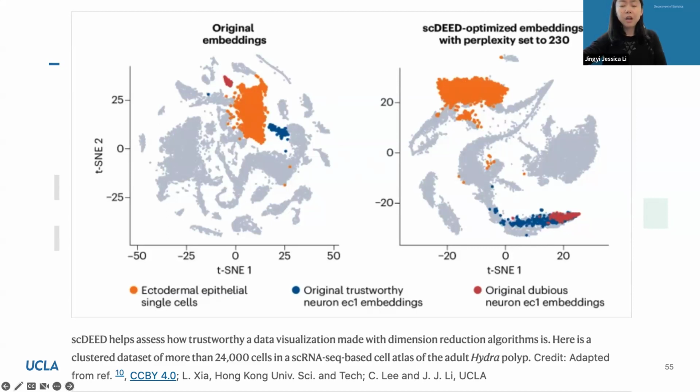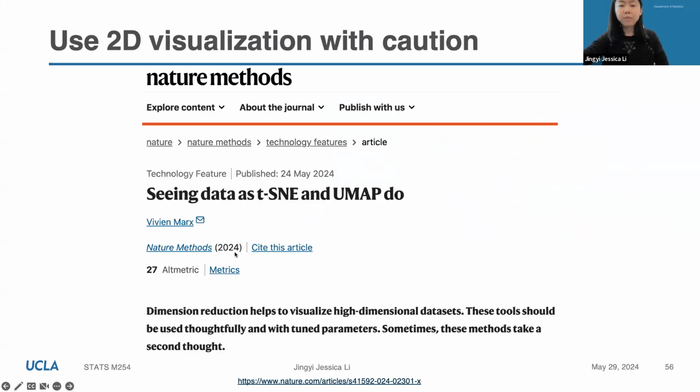And this figure was originally in our SAD paper, and it was recently reported by Nature Methods, by a journalist who wrote an article about how we use t-SNE and UMAP. So basically it says that dimension reduction helps to visualize high-dimensional data sets. These tools should be used thoughtfully with tuned parameters. Sometimes these methods take a second thought.